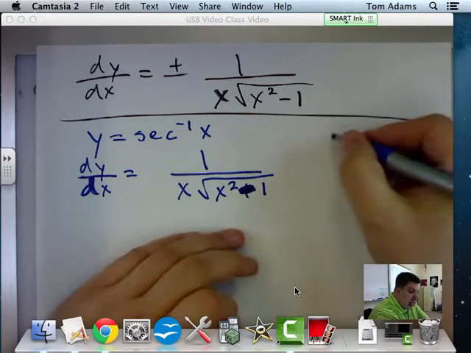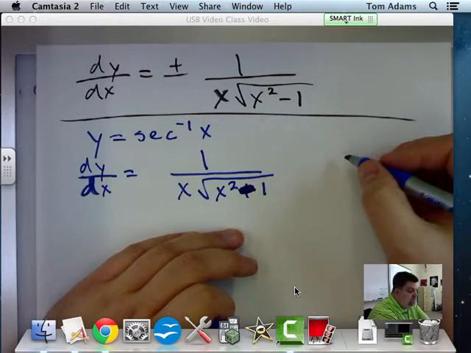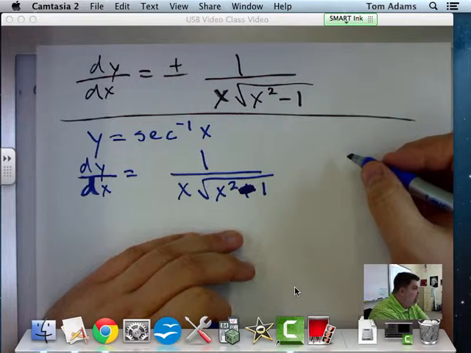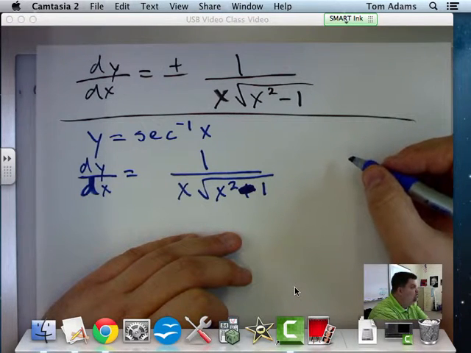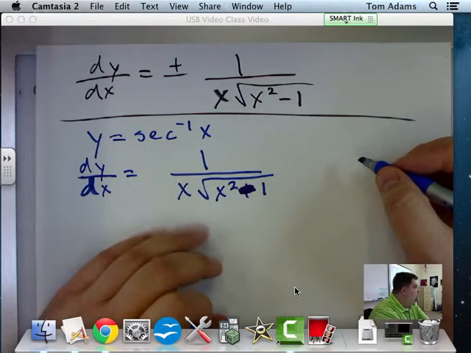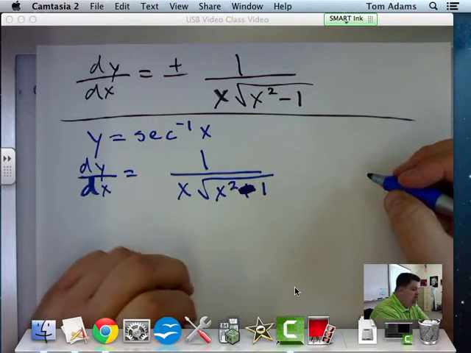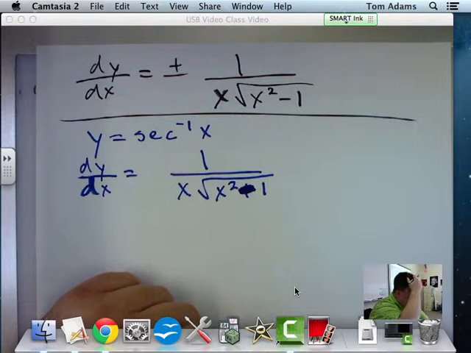Now here's the interesting thing. This plus or minus business, if I graph the original function, always yields a positive number. If you're curious about that proof, it's in your textbook, but really they just look at the graph. It always yields a positive number.